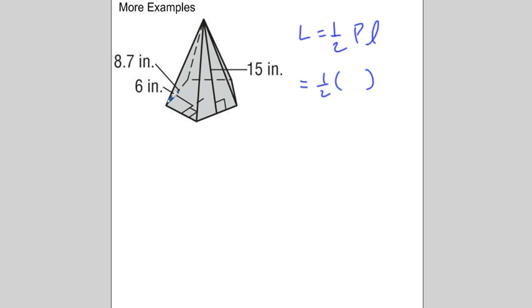There's 5 sides. You know one of the base edges is right here, 8.7. Because this is a regular pentagon, all of these base edges are 8.7. This one back here, 8.7. This one back there.